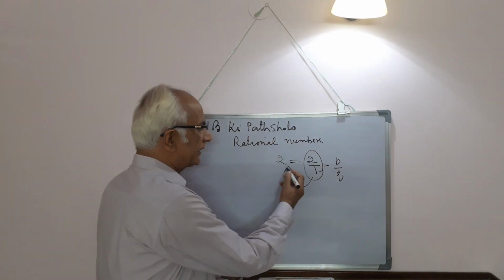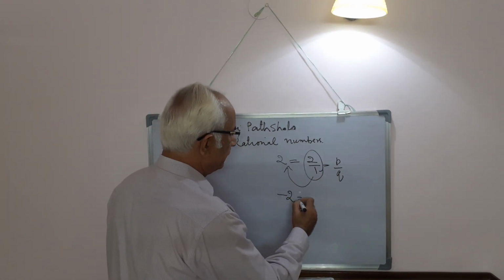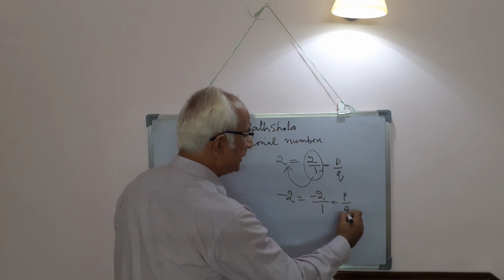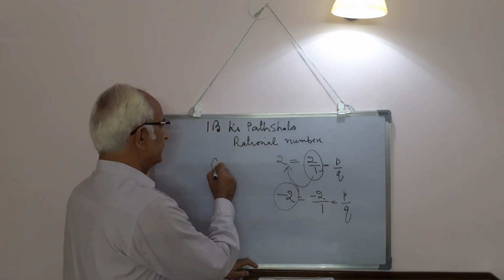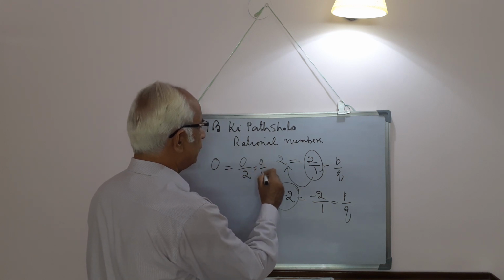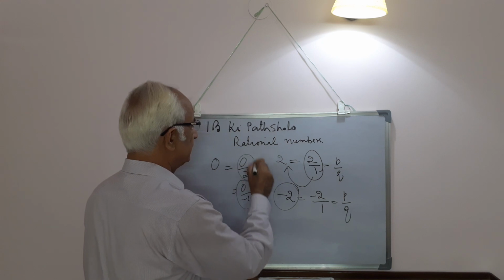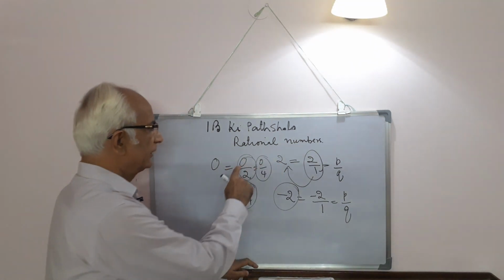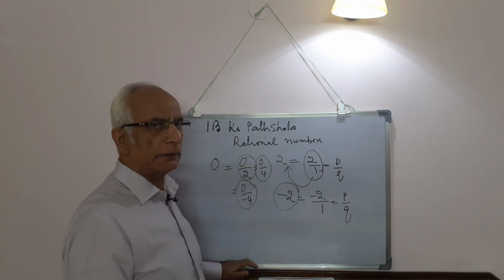Why? Because it can be expressed in this form. Minus 2. Minus 2 can also be expressed like this. This is in the form of P upon Q. 0. 0 can be expressed as 0 upon 2 or 0 upon 4 or 0 upon minus 4. So these are all rational numbers because P can be 0 but Q cannot be 0. So 0 is also a rational number.